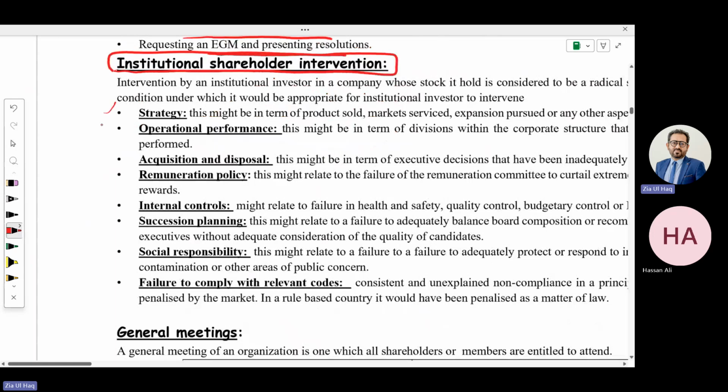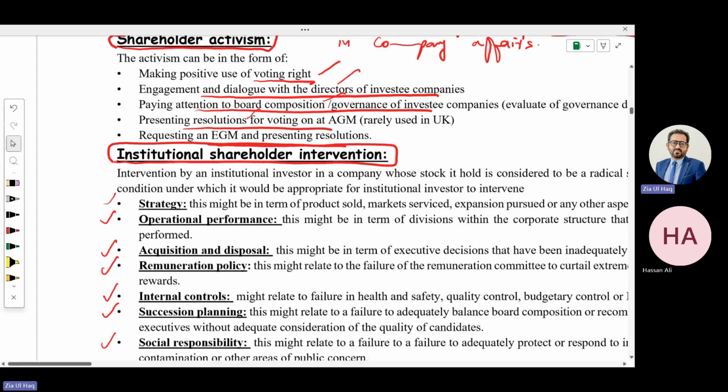There are many areas where institutional investors play an active role in the company, beyond these five.